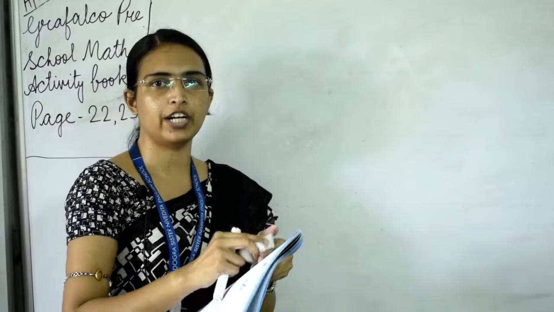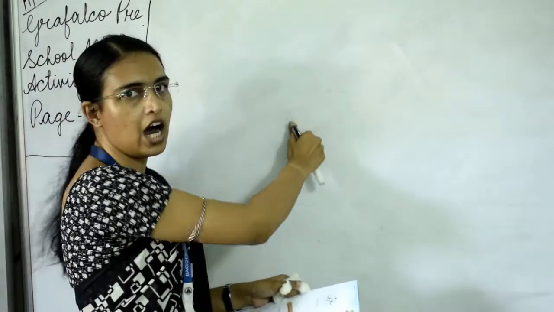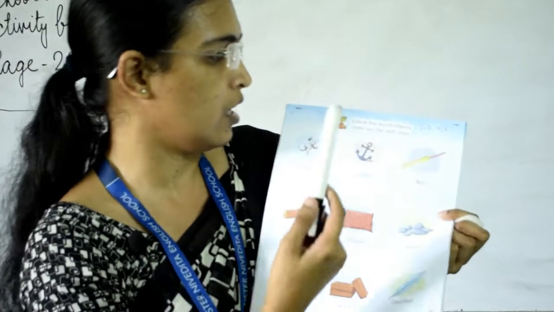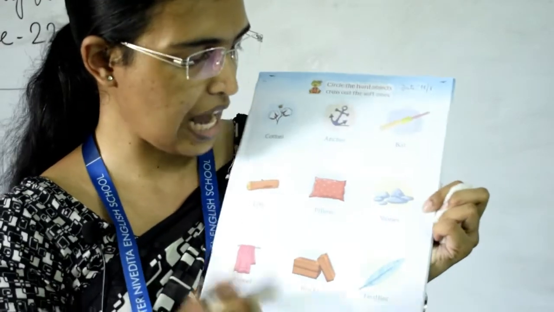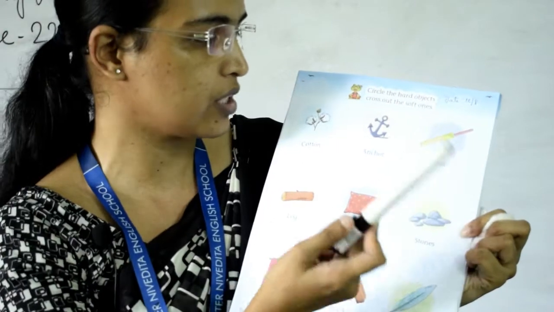Cotton is very soft. Look, this is very soft, but this is very hard. So in this way we have to find out the hard objects and circle the hard objects and cross out the soft objects. Among all this, we have to find out the hard objects and circle them.